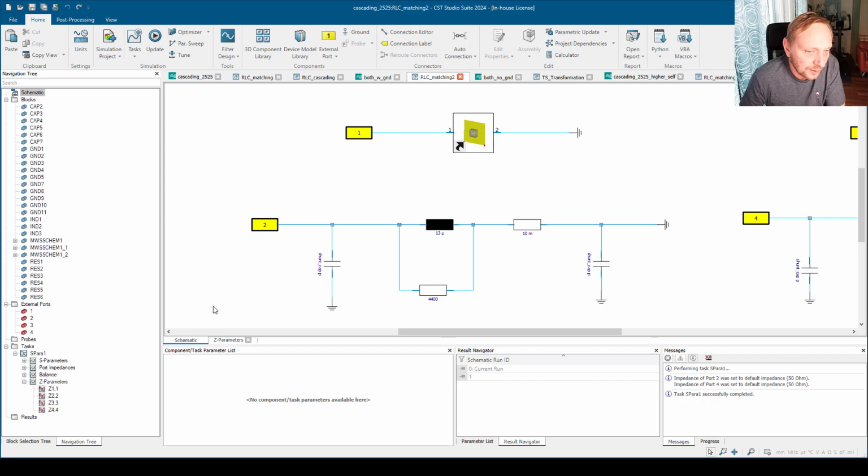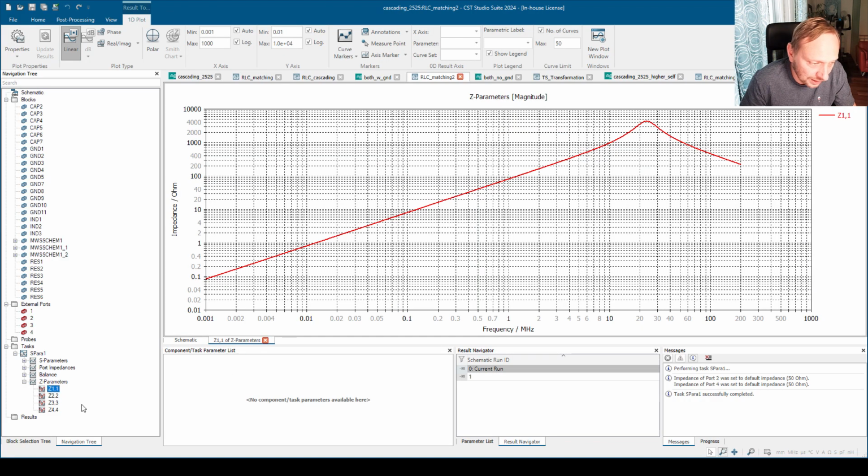And now if we compare, of course, the standalone touchstone file of the one inductor and the equivalent circuit I built, it also matches perfectly. The thing is here, right? I mean, from maybe graduate school, as a young university student, you probably learned that there is always the possibility to convert a series to a parallel circuit. And that's exactly what I'm doing here. So this circuit, the second circuit, also has the same impedance as the touchstone file, right?